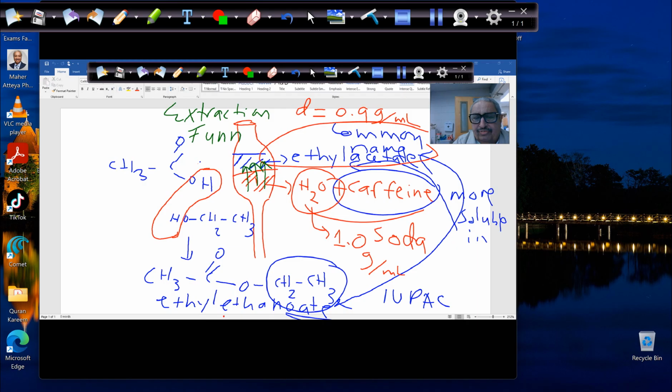What I have drawn for you is called an extraction funnel, sometimes called an extracting funnel. It is a funnel used to separate two liquids from each other depending on their densities and solubilities. I mean, it separates a compound out of two different solvents due to differences in their densities and solubilities.